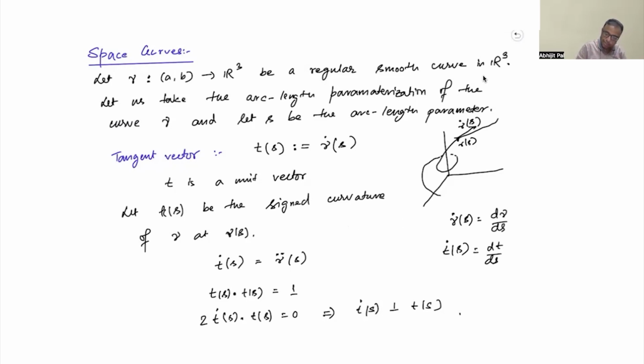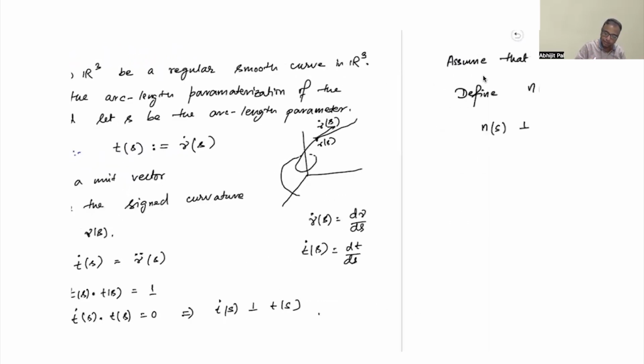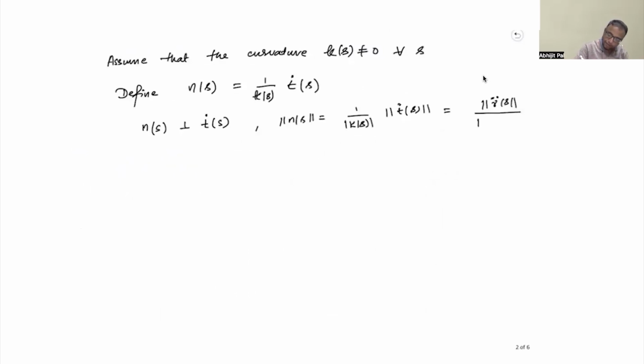So let k be the signed curvature of gamma at gamma s. Then by taking the norm of N(s), we get 1 by mod of k(s). Now mod of k(s) is the absolute curvature of gamma, which is nothing but the norm of gamma double dot s.